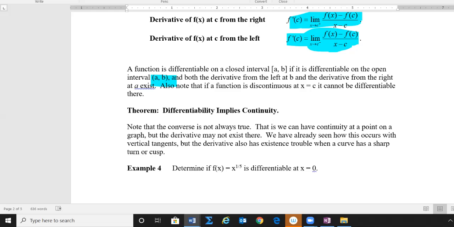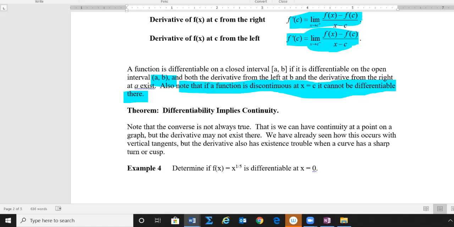If it's discontinuous at c, it will not be differentiable there. If it's discontinuous, it will not be differentiable. So that's important. If you have a discontinuity, you will not have a derivative there.